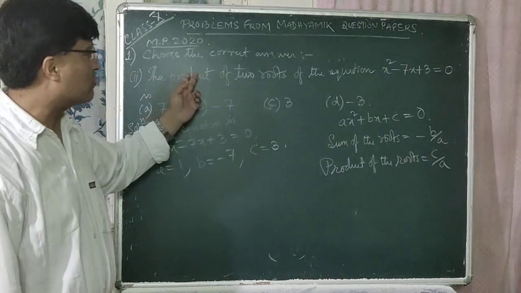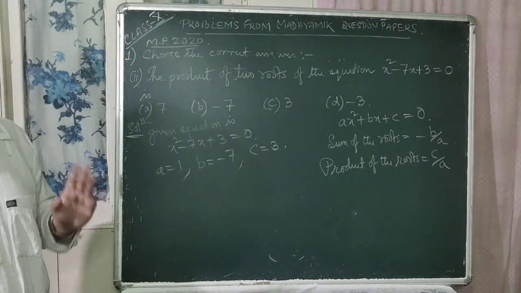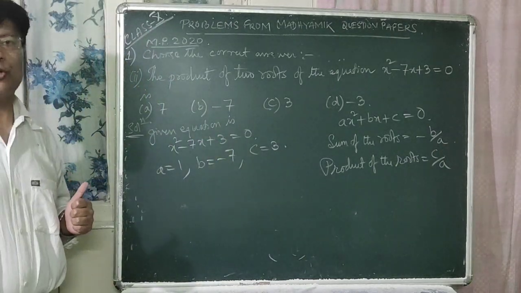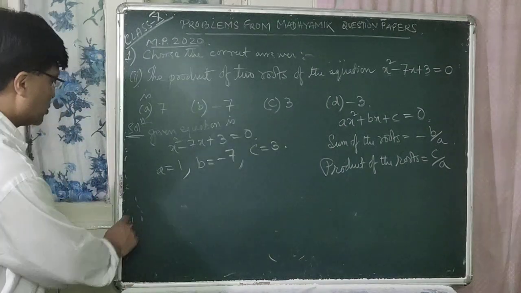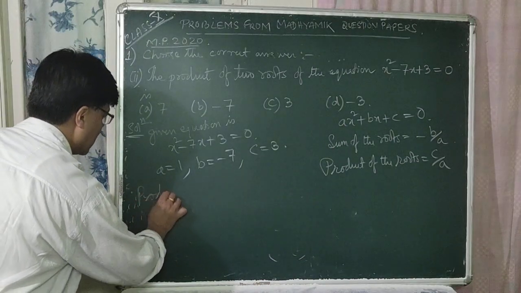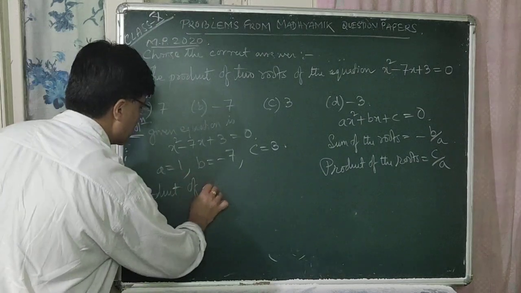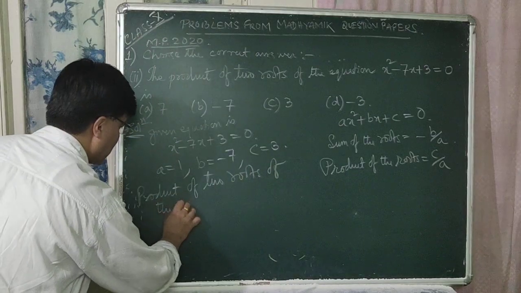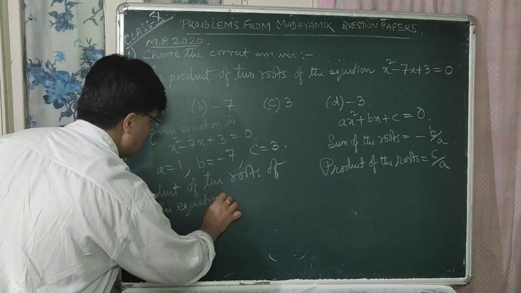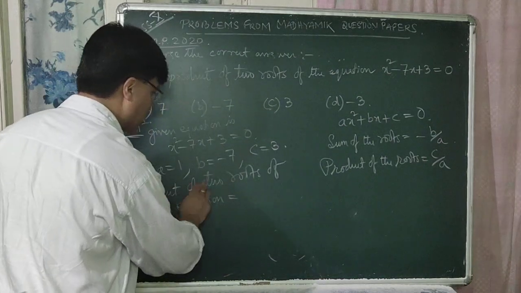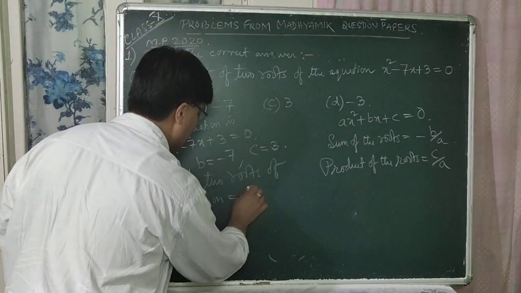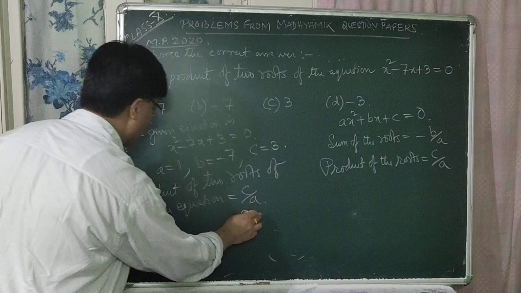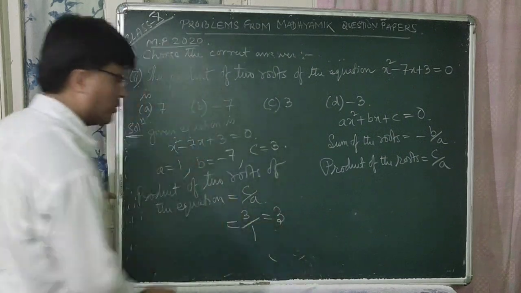In this case, you have to find out the product of the two roots of the equation. In the question, it is asked to determine the product of the two roots of the given equation. Therefore, the product of two roots of the equation is equal to c upon a, which is equal to 3 divided by 1, which is equal to 3 only.